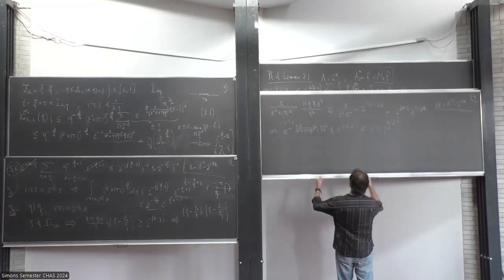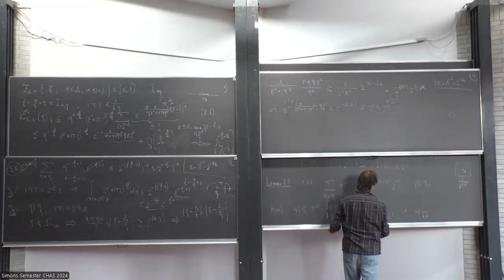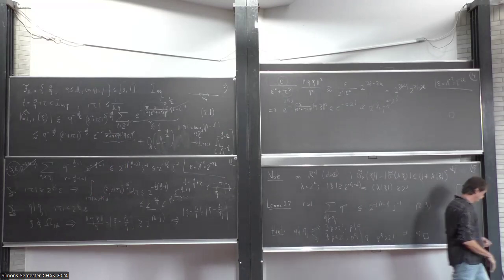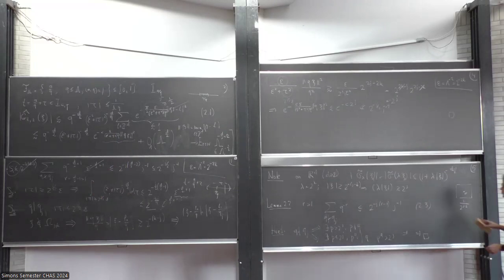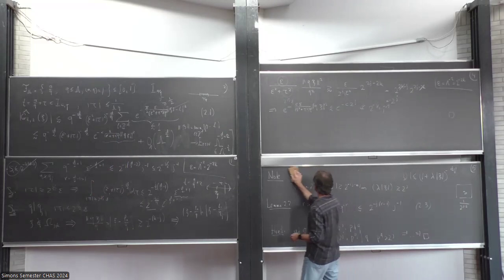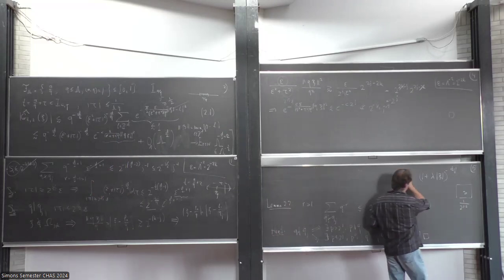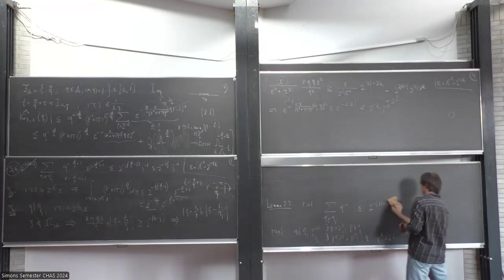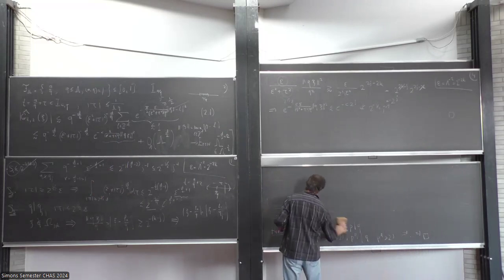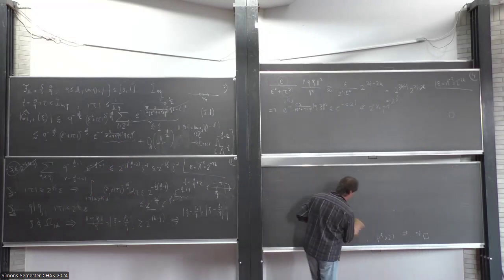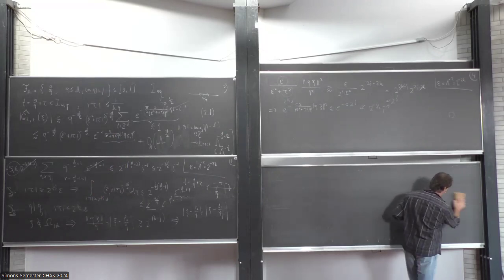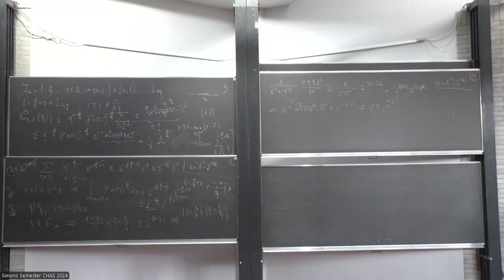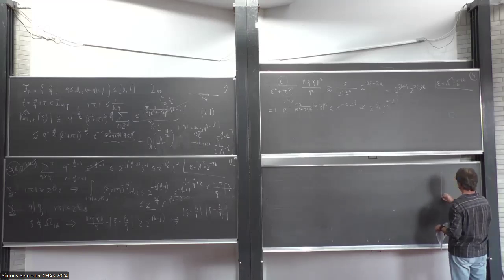Okay, so let's exploit this. So basically, let's first introduce a smooth version of these omega_j cells.